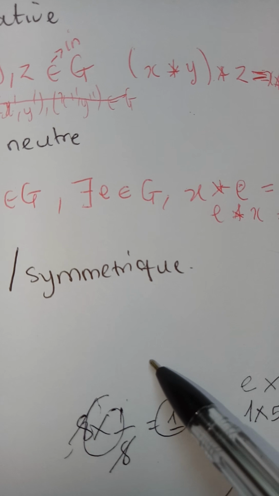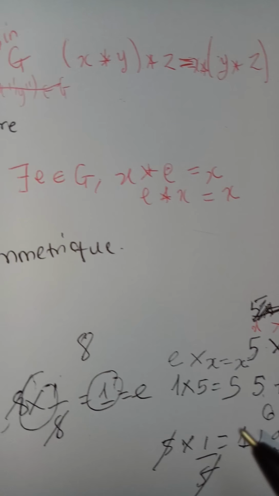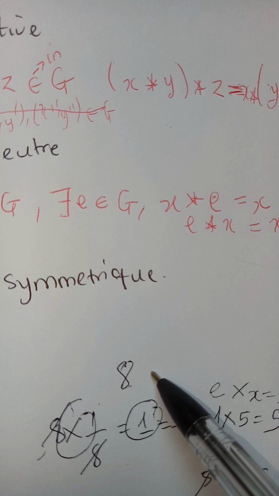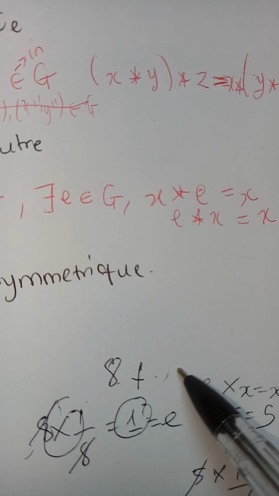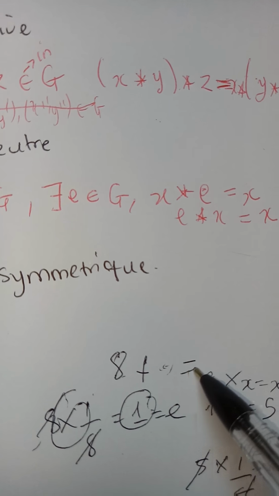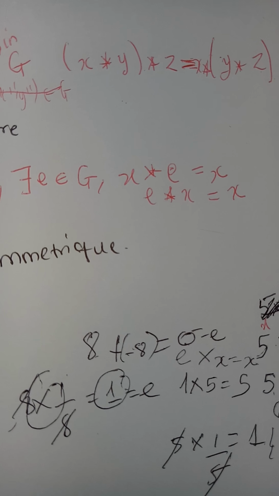If I do it for addition, what was our element neutre for addition? We said 0. So if I have 8 here and I add, remember it's for addition, what will I add here that will give me the element neutre, which is 0 for addition? Negative 8. Because 8 plus negative 8 gives 0.